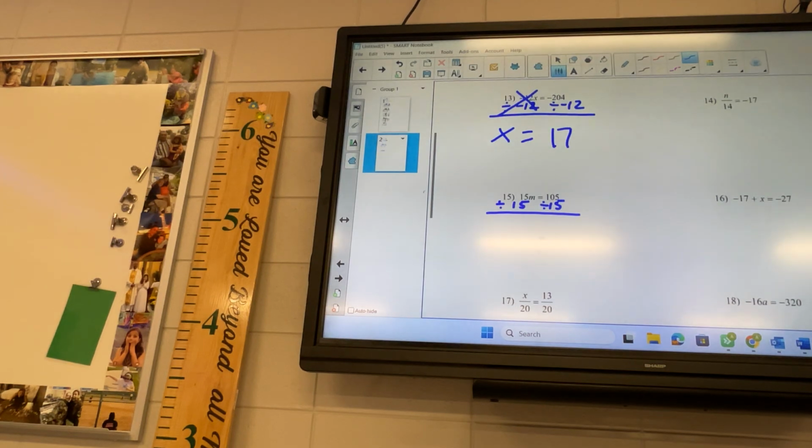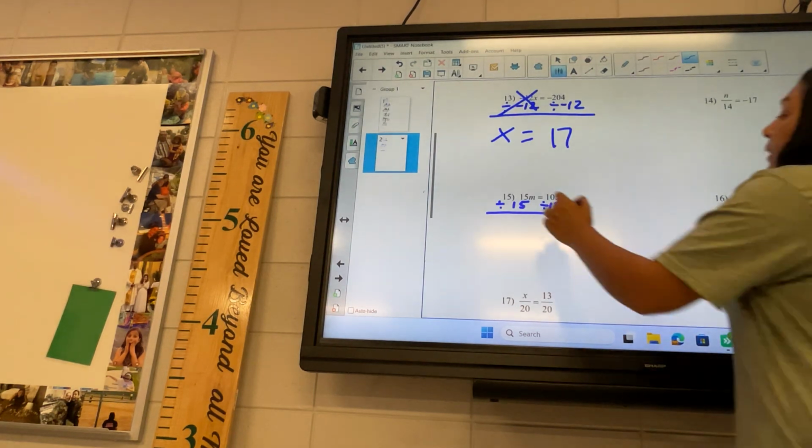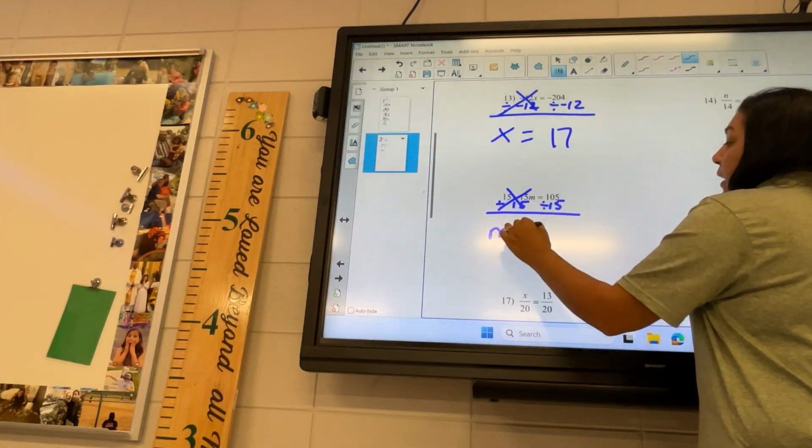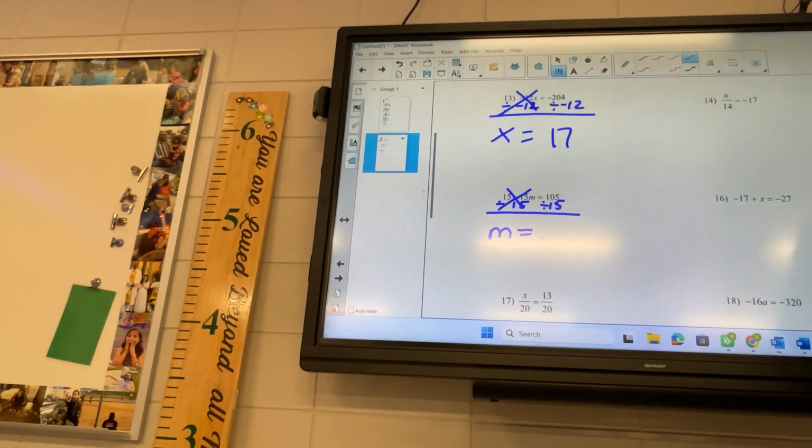They cross out. Okay, and then on our calculators, we're going to say 105 divided by 15. 7? We're almost done, we got 2 left, you guys are doing good.